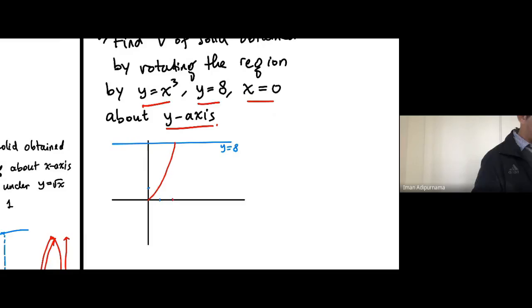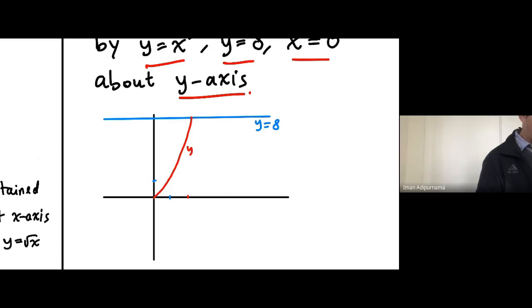This is x cubed. So this is the curve. This is the line y equals 8. And the other part is x equals 0. So the other part of x cubed is not included because we need to rotate this through here.